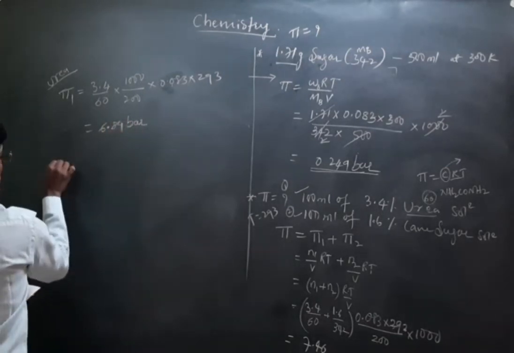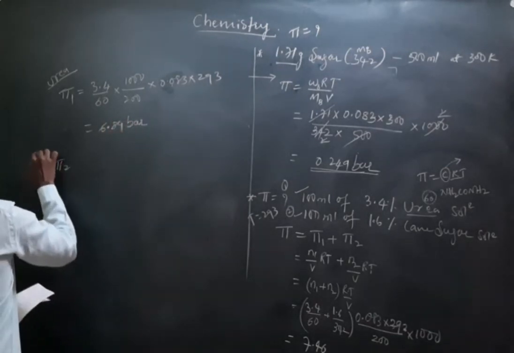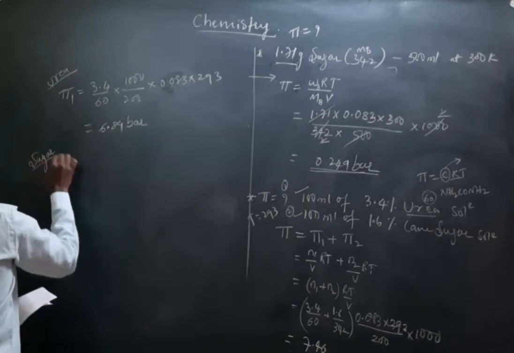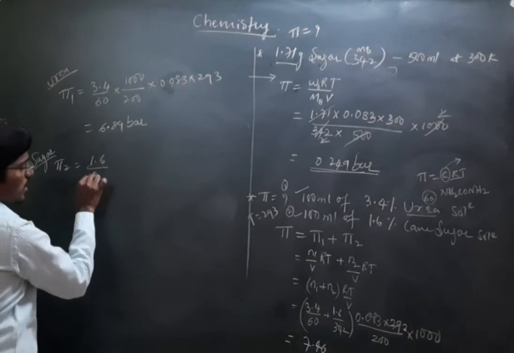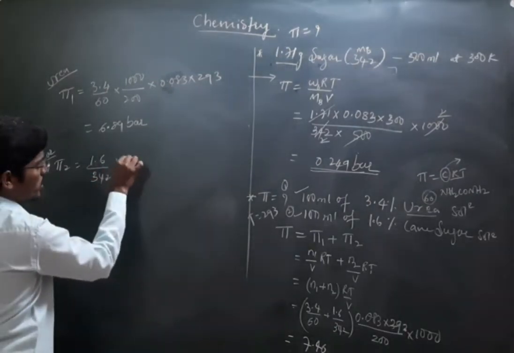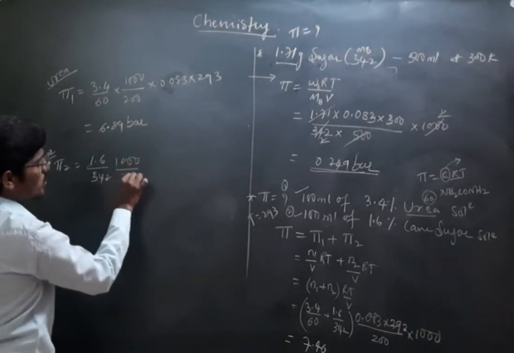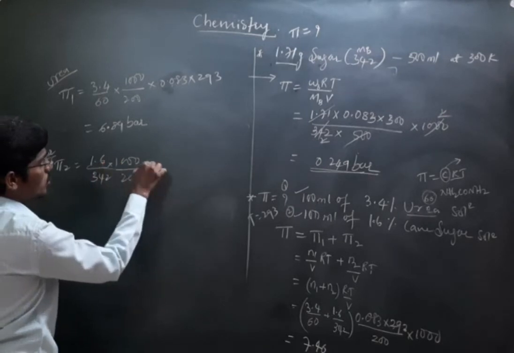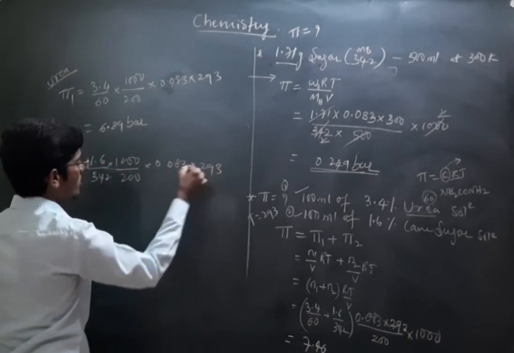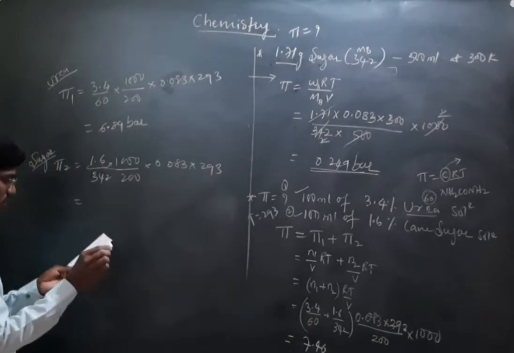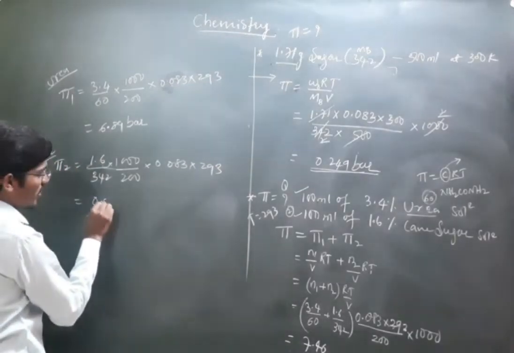Verify the calculation. Second one, for the sugar solution, pi 2 is equal to 1.6 given. Its molar mass is 342, the volume is 200, into the R value 0.083 and 293 as the temperature. Its value comes out to be 0.57.